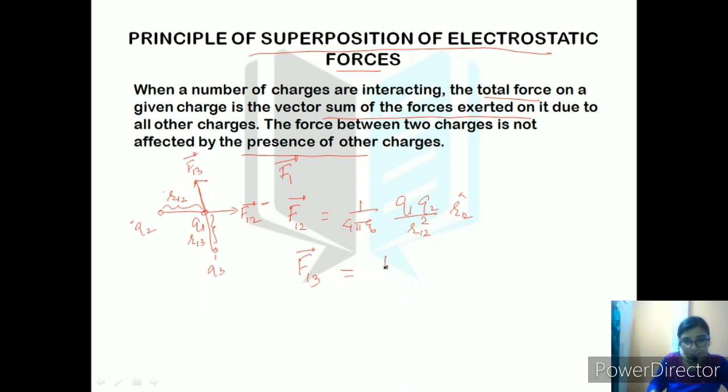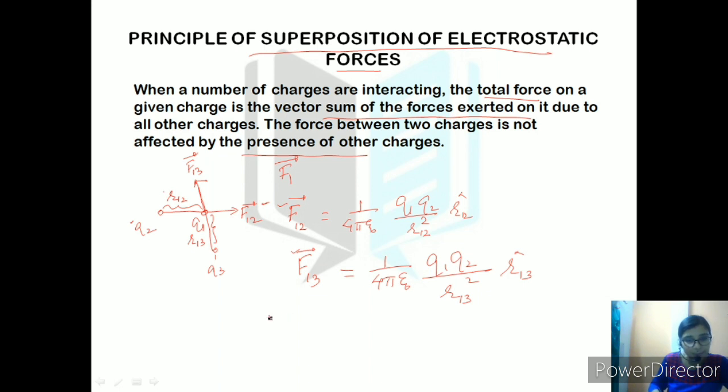What is the magnitude? 1 by 4 pi epsilon naught, Q1 Q3 by the distance between them, R13 square, and we write the unit vector as R13 cap. Now these two are the individual forces acting on this charge.